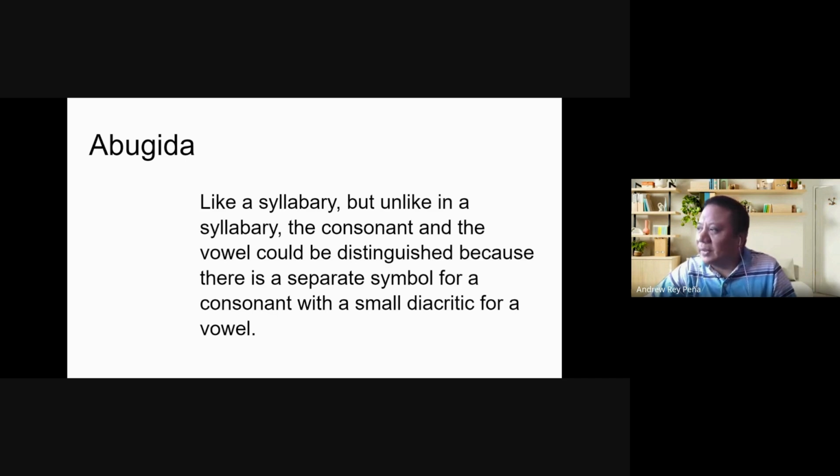Now the friars added a cross underneath a symbol to show that it has no vowel. So the consonant doesn't have a vowel if there's a cross underneath. All those diacritics were added by the Spanish friars to the characters, to give us a hint for the characters.